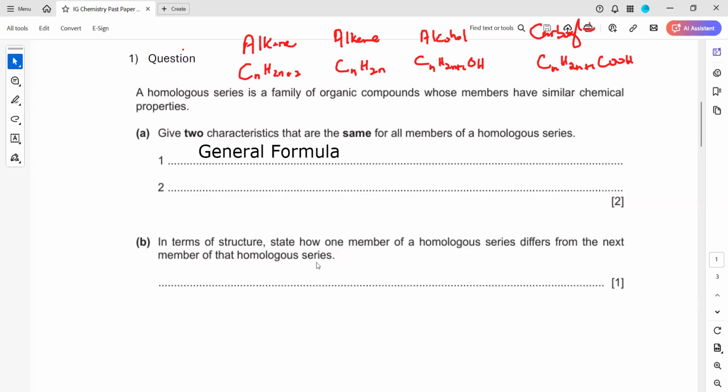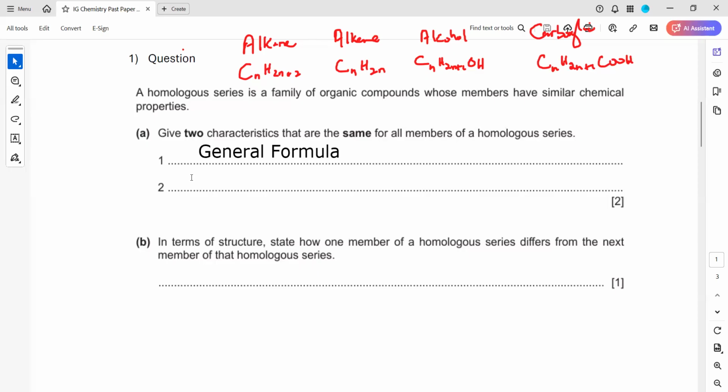Any member of the series we can find from it. If I want the formula for methane, ethane, propane, butane, pentane, I can simply find it by substituting the value of n, where n represents the number of carbon atoms.